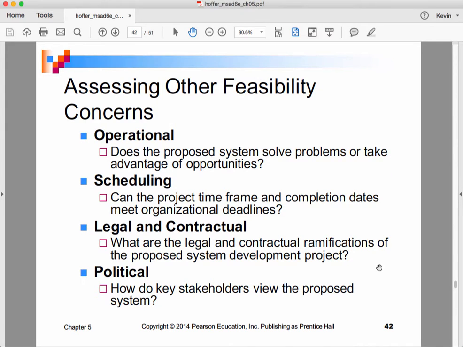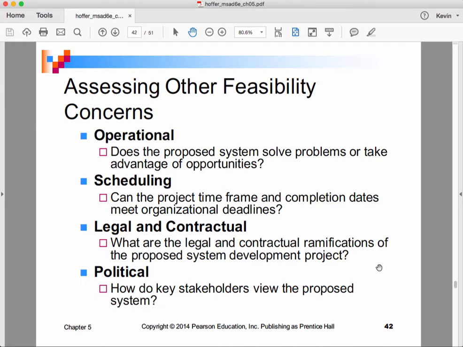And how about other feasibility concerns, like operational feasibility? Does the proposed system solve the problems or take advantage of the opportunities? Again, before we kick the project off, we have to have some level of comfort that what we're doing is really going to be beneficial.